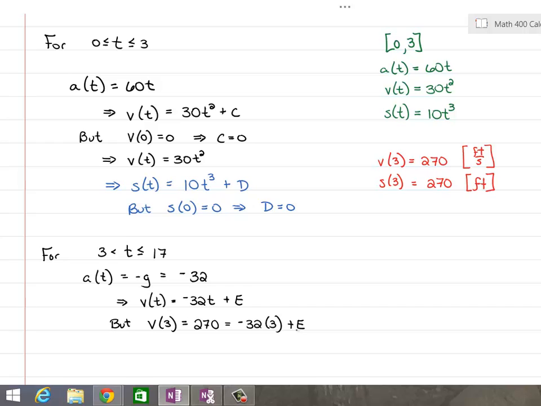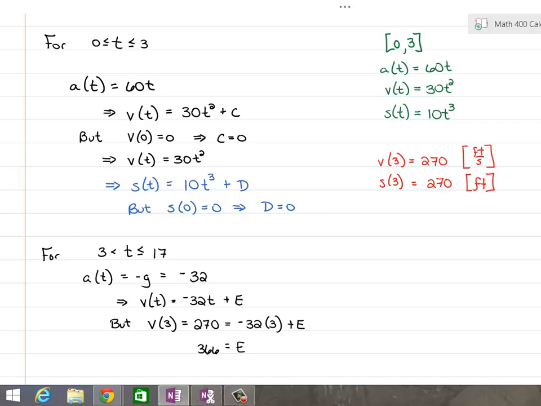And let's see, that's 96. So if I add 96 to both sides, what is that? 270 plus 96, 366. E is equal to 366. I should probably double check my math there. Yeah, it's 366.